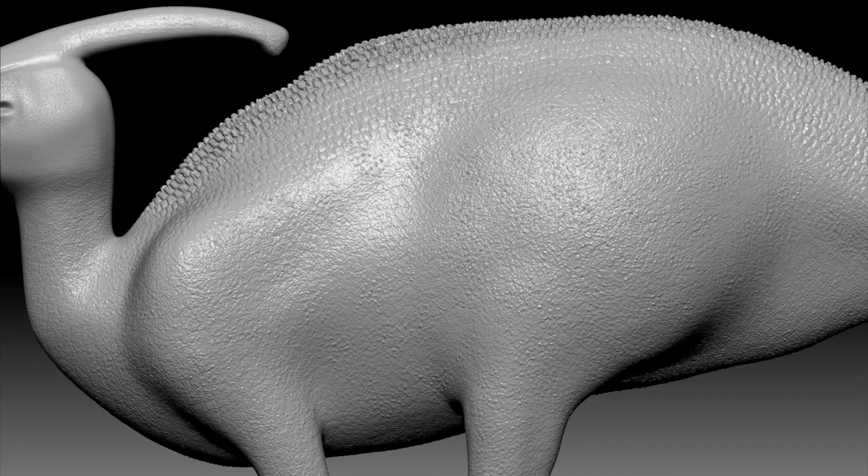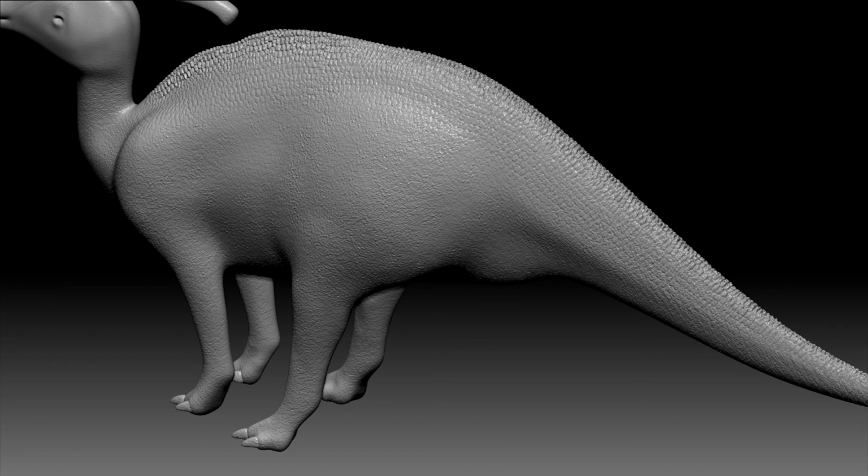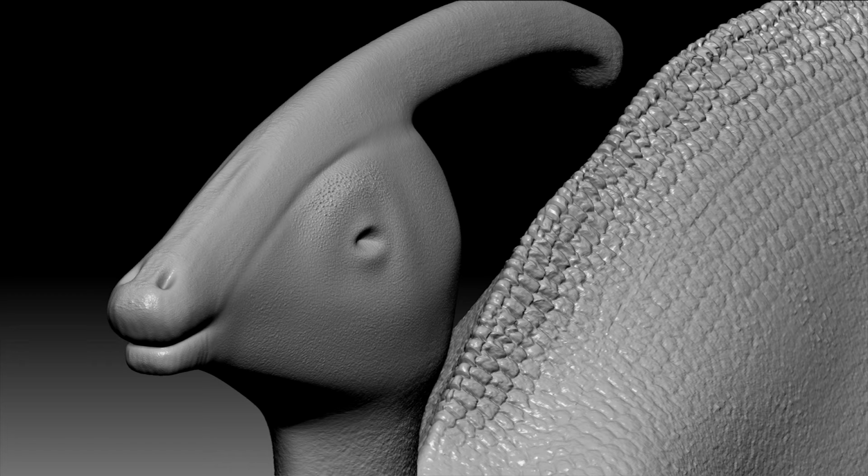I'll have the reference for this in the description and also in the forum post, but this guy goes through the same process as I just described, which is starting off with the low polygon object. He then imports into ZBrush and adds details to it.